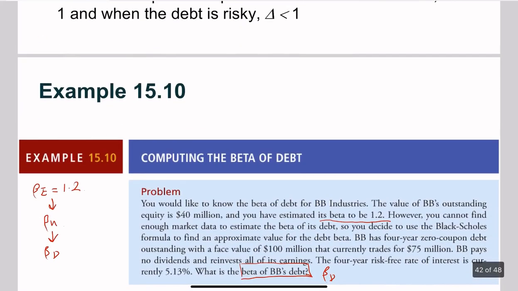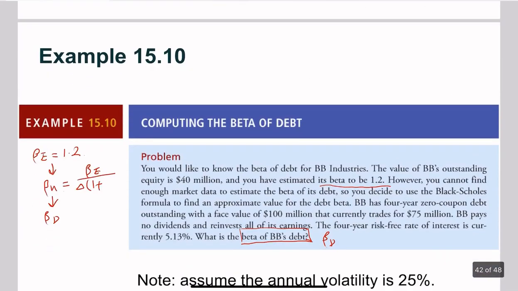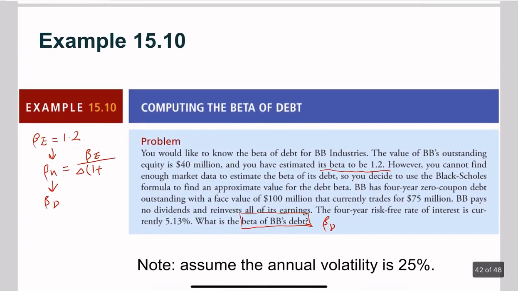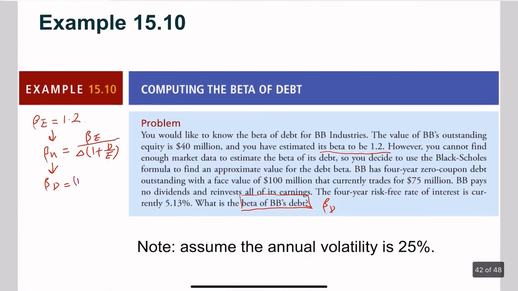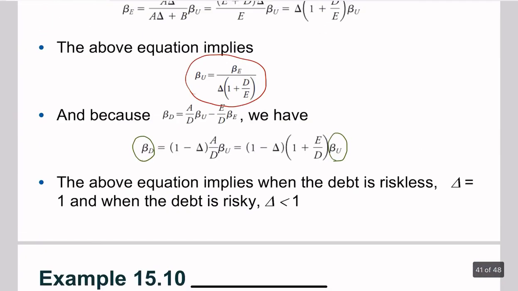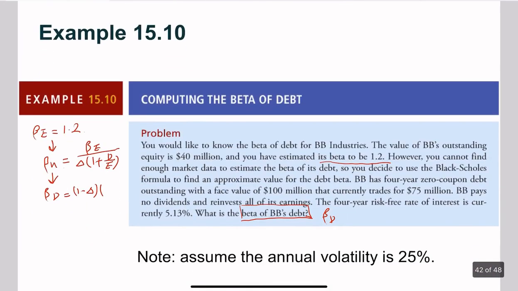So maybe let me write down the formula here. It equals beta E divided by delta times 1 plus D divided by E. And then after finding out beta U, we can use 1 minus delta times 1 plus D over E, times beta E.